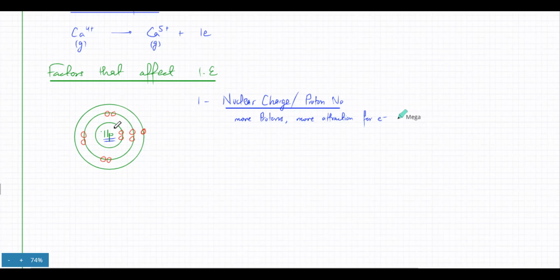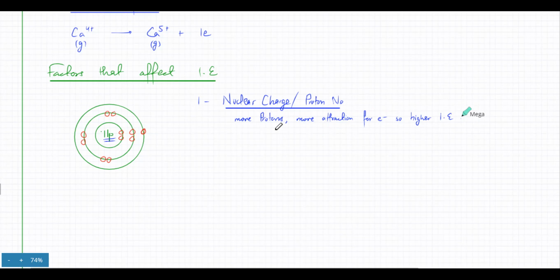More attraction means higher ionization energy. A lot of energy would be needed to remove electrons. Is this clear, Sanjida, Minahil, Bazga, Rida? Usman? Yes.